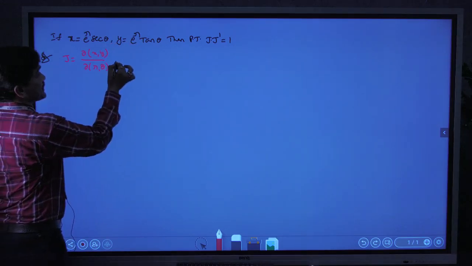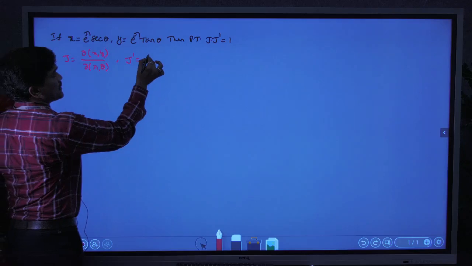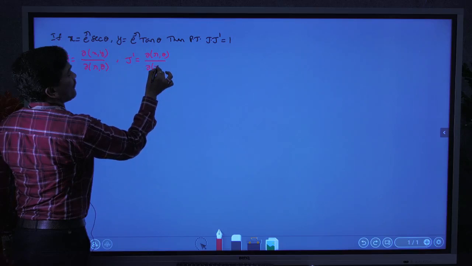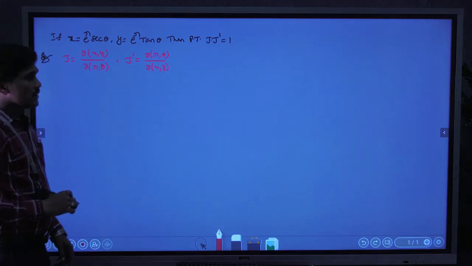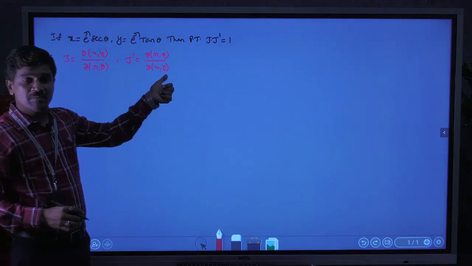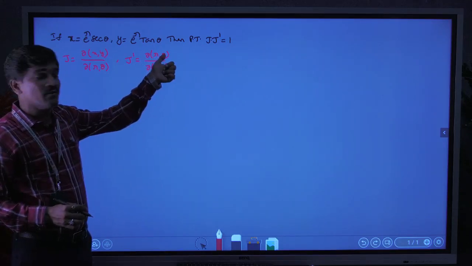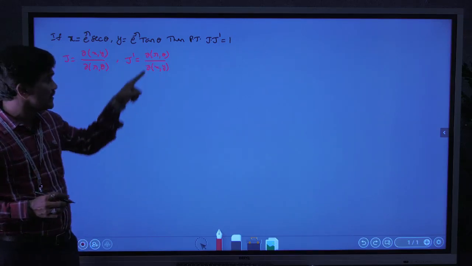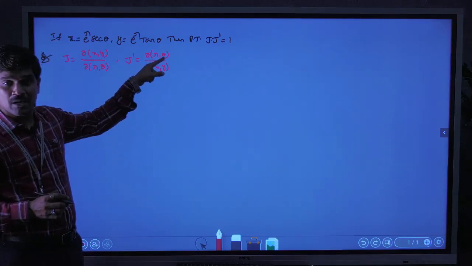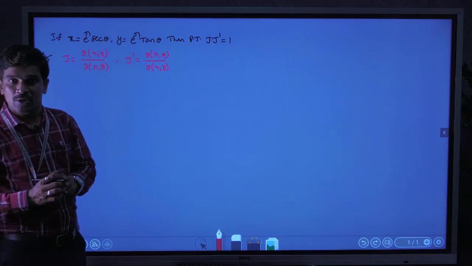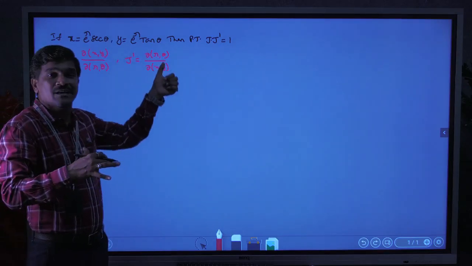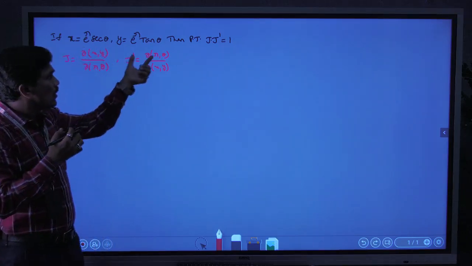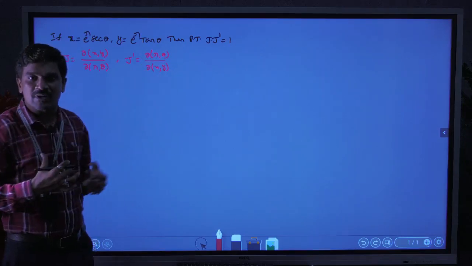And J dash, what is J dash? Dou of r comma theta by dou of x comma y. That means r comma theta are functions of xy, then we calculate dou r theta by dou xy. But here r comma theta are not given as functions of x comma y. So then we have to convert r comma theta into functions of x comma y, right? So how to convert r comma theta into functions of x comma y?